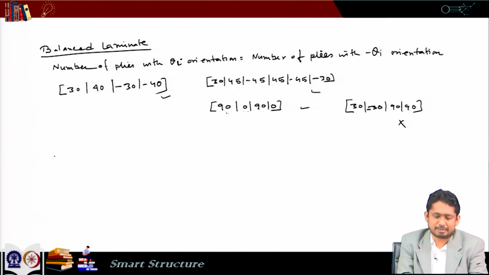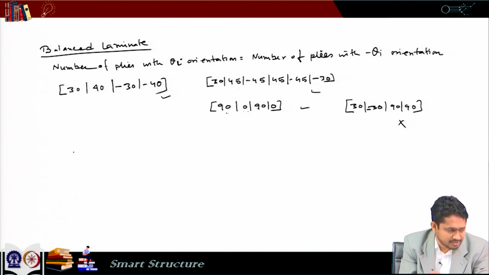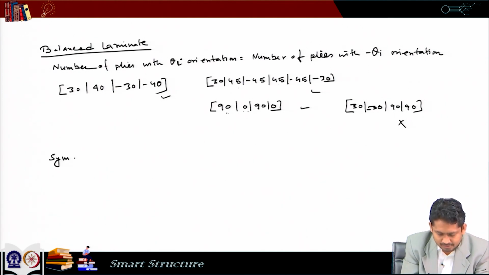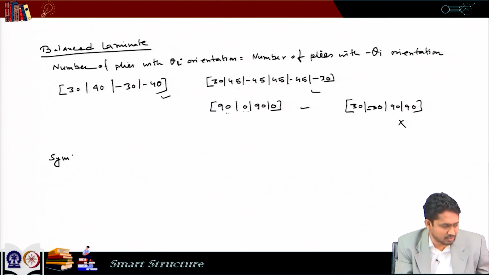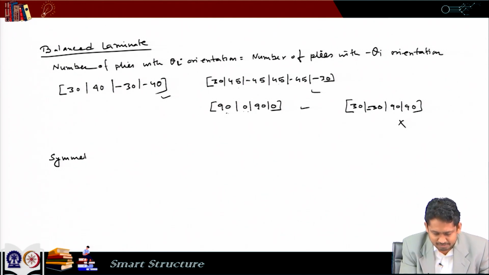Now, again, this balanced laminate can be of different types. It can be symmetric and balanced. Symmetric means it is symmetric as well as balanced.